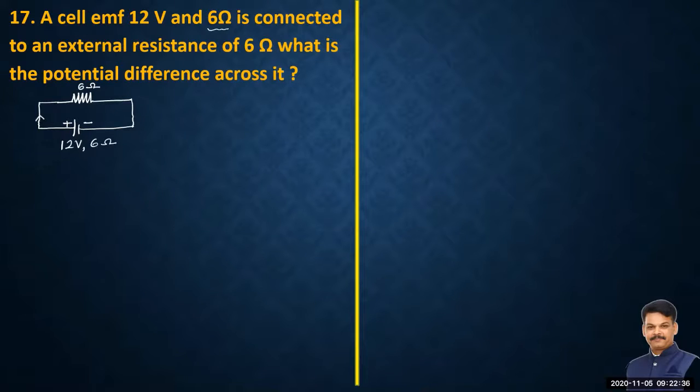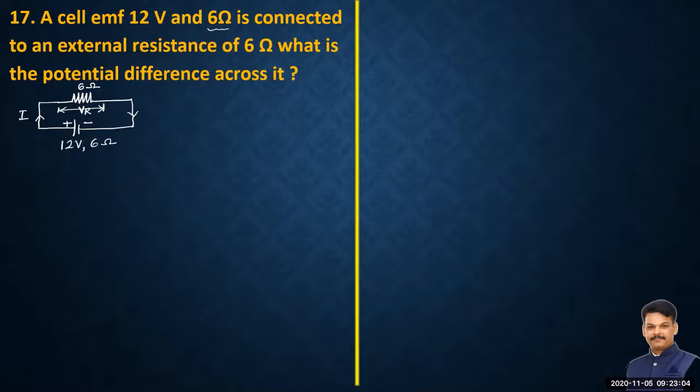Because of this connection, a current flows through the resistor, and they ask you to calculate the potential difference across this resistor, that is VR. VR can be calculated if I know what I is. Without I, it is not possible to find the potential difference, isn't it?